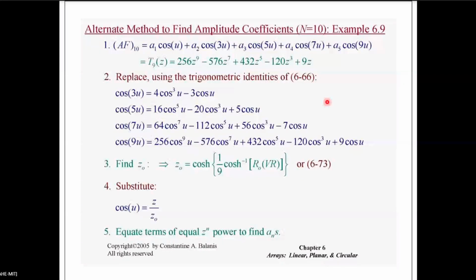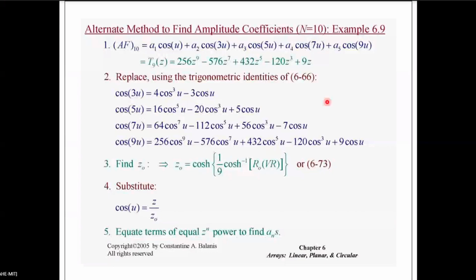Design a Dolph-Chebyshev array of 2M, that is even, or 2M plus 1, that is odd, elements with spacing D between the elements. Full stop.